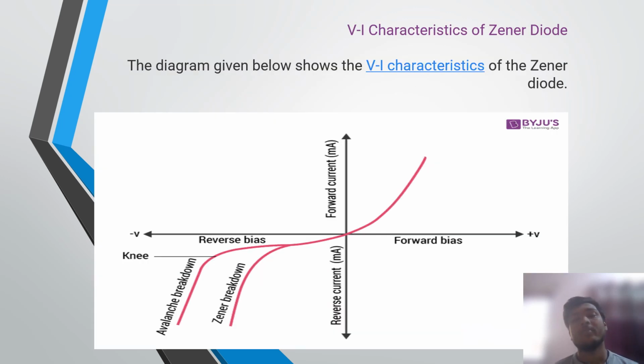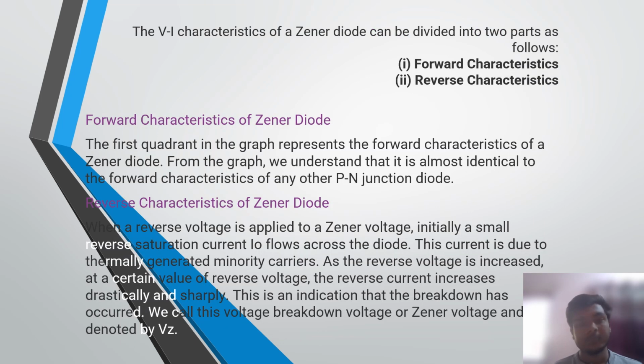Okay, VI characteristic of a zener diode. The diagram given below shows the characteristic of a zener diode. The VI characteristic of a zener diode can be divided into two parts as follows. First is the forward characteristic.